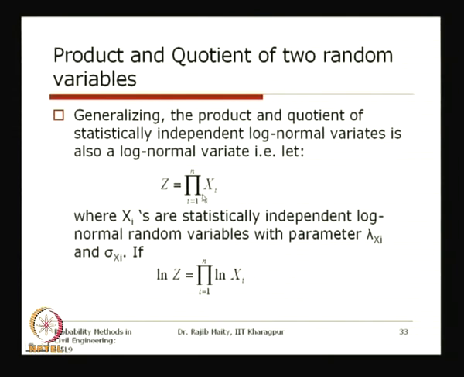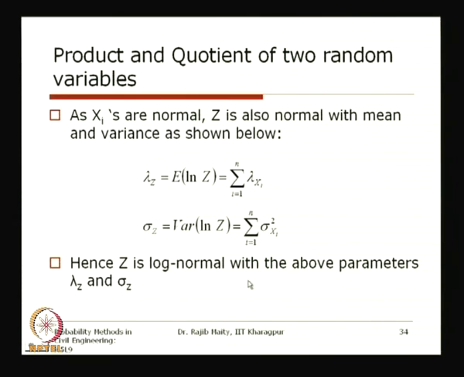Z is the multiplication of all these random variables from x1, x2 up to xn, and each xi is a statistically independent log normal random variable with parameters lambda xi and sigma xi. Lambda xi is basically their mean, that is, the log of z is equal to the sum of the logs of all the random variables.